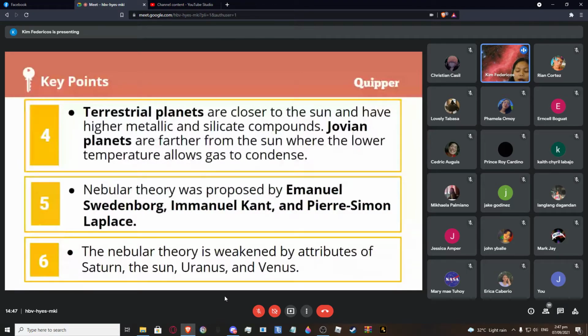These planets formed far from the Sun, in which, because the temperature was away from the Sun, it was cool enough for gases to condense, forming these planets to be massive. And they are massive, but their density is very low.